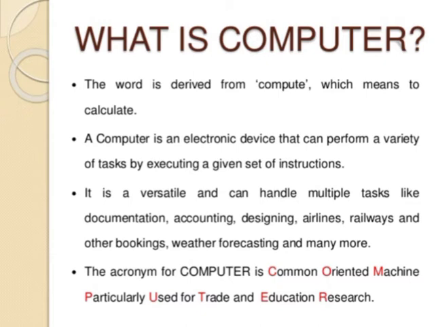So, computer is versatile, meaning a computer can perform any kind of task at any time. A computer can perform a number of tasks at once. The acronym of computer is Common Oriented Machine, particularly used for trade and education research.